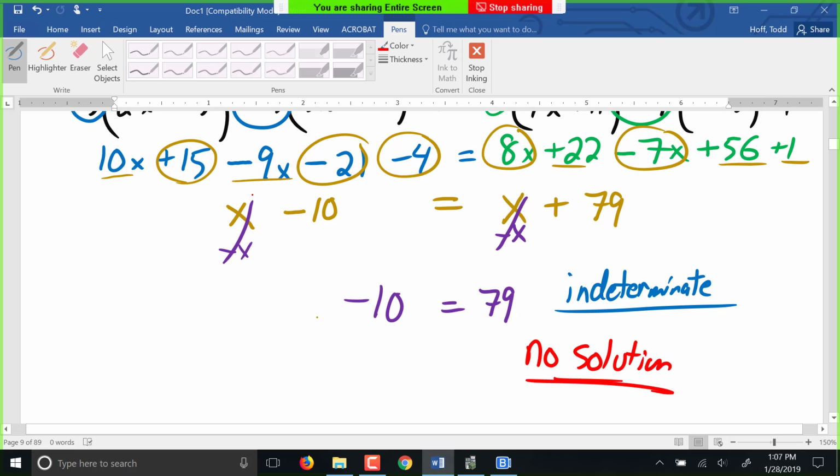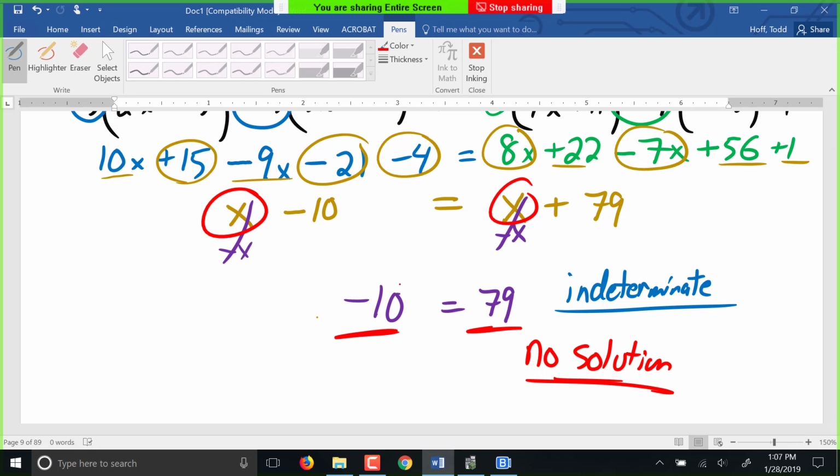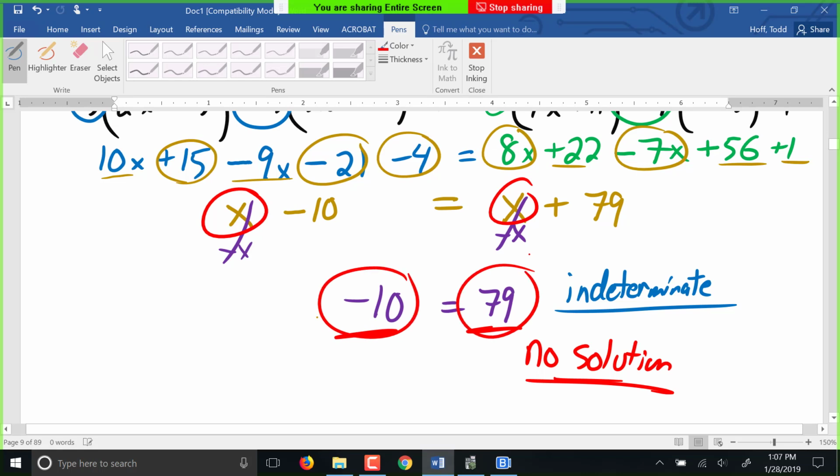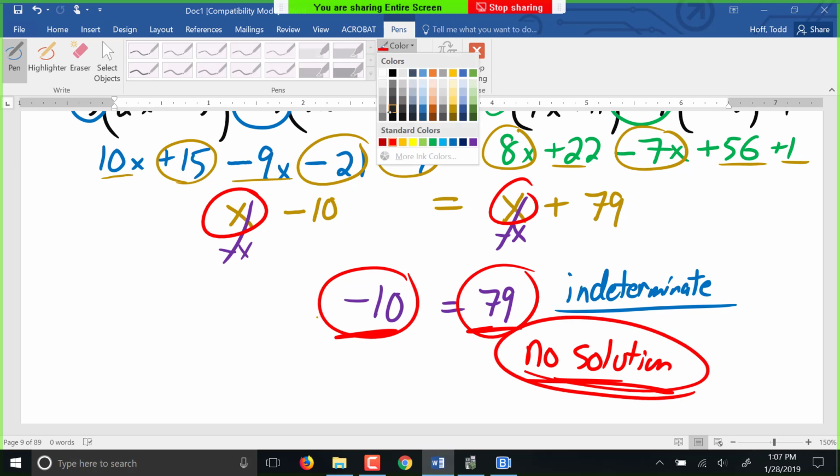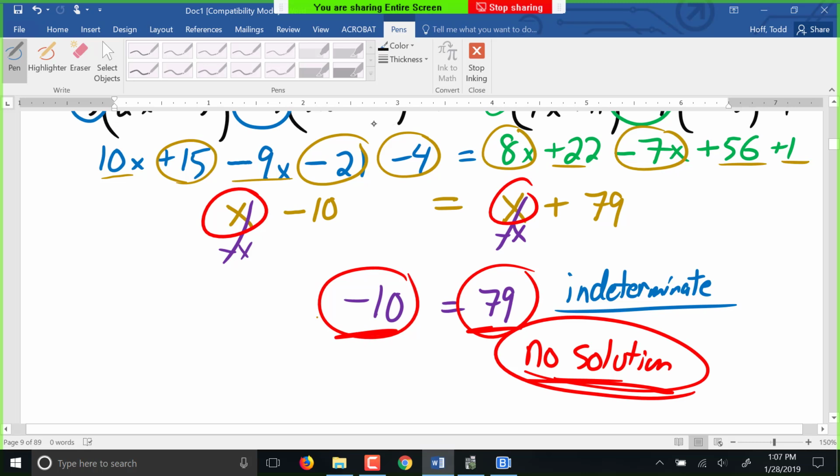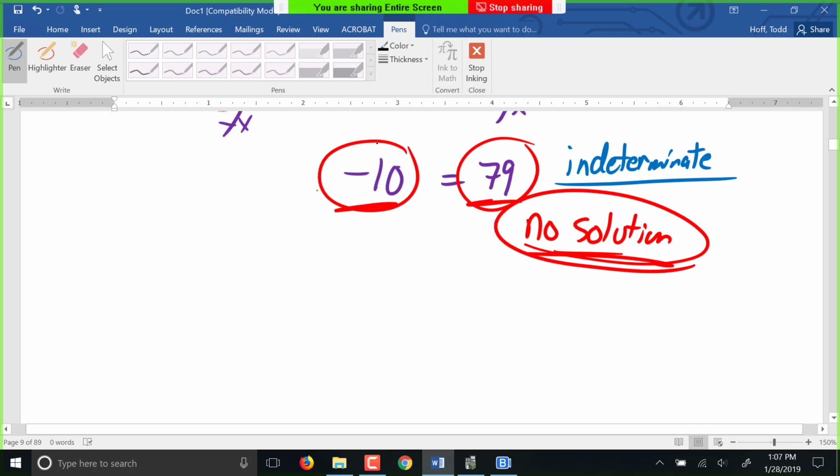Is there any number I could put in here for x that would make negative 10 equal to 79? No, it's not possible. Since these numbers are different, this can never be true, so there is no solution. No value of x that'll ever make that true. Now the other side of that might look like this.